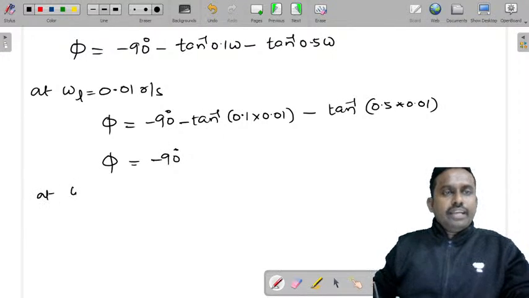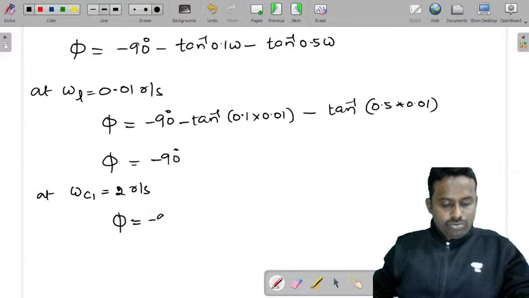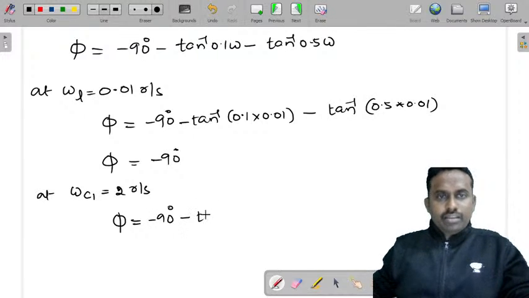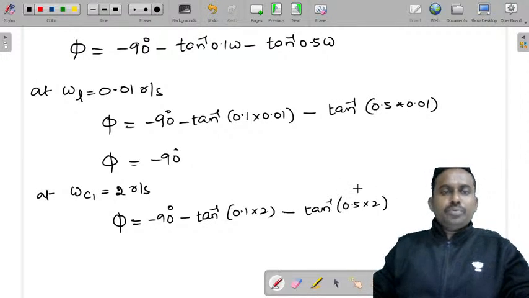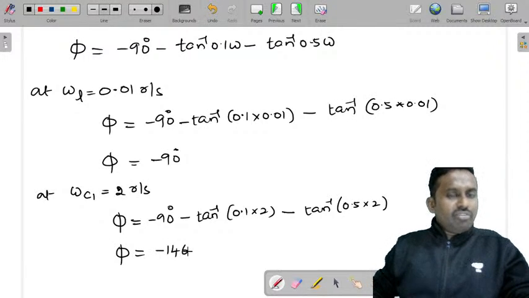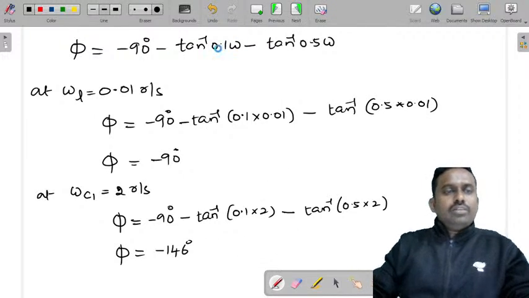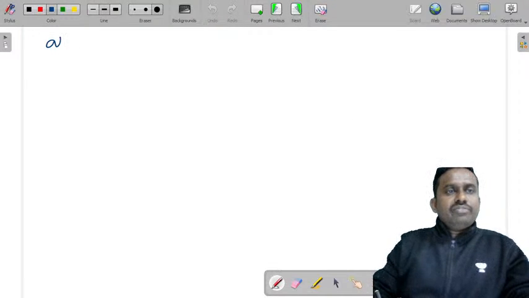Now at omega C1 equal to 2 radian per second, phi is equal to minus 90 minus tan inverse 0.1 into 2 minus tan inverse 0.5 into 2. This will give you a phase angle of minus 146.3 degrees. So you can also approximate it to 146. Now let's find at other frequencies.